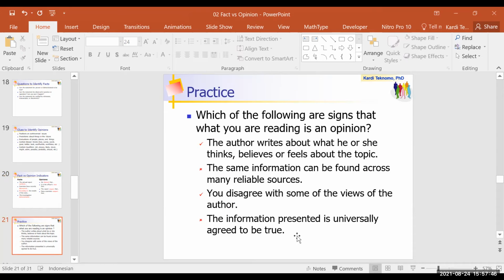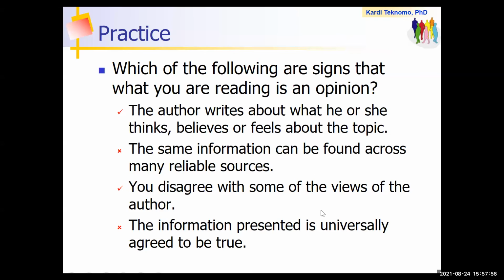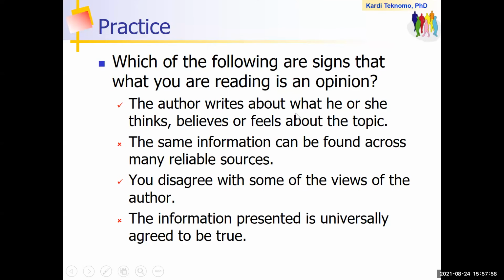So now let's practice this. Which of the following signs that you are reading is actually opinion? The author writes about what he or she thinks, believes, feels about the topic. Is this opinion or fact? Opinion. Okay.